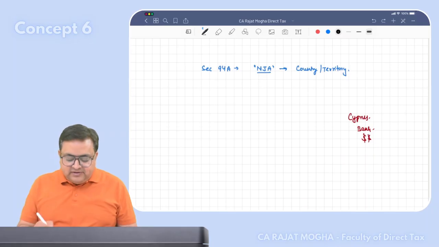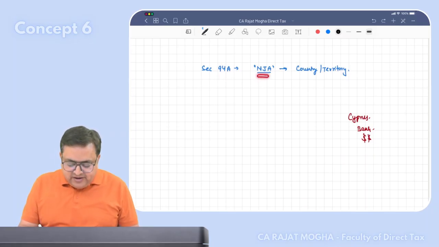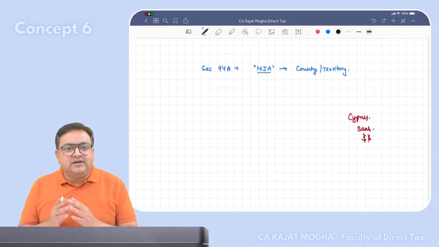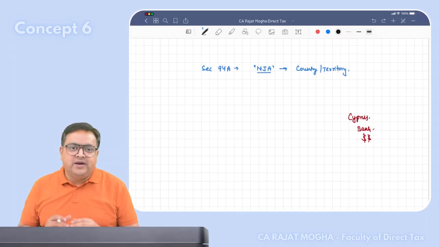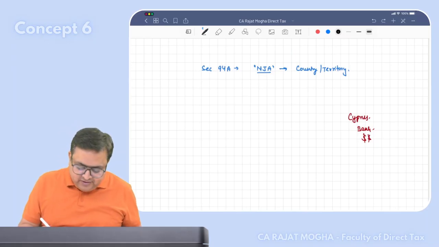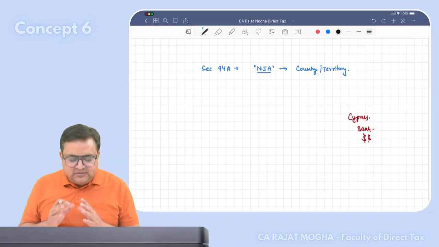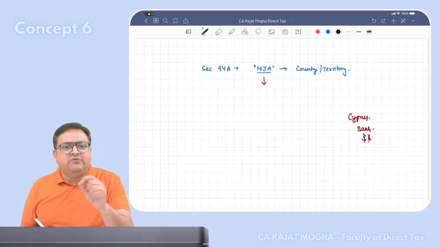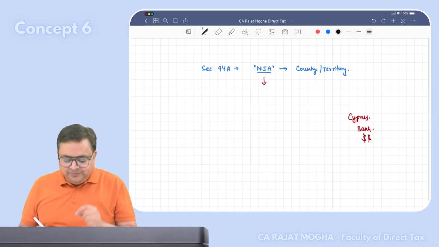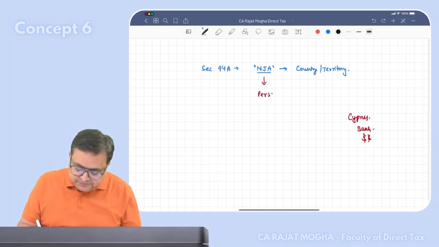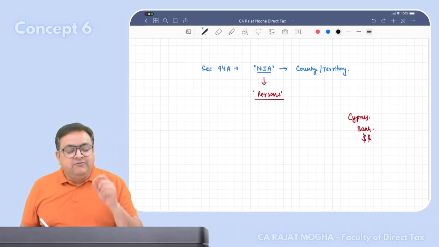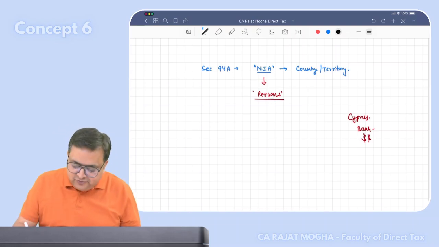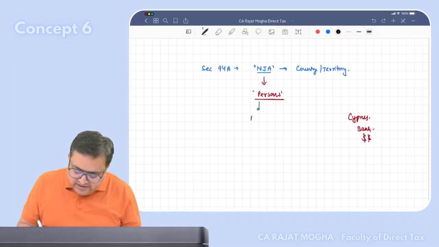So what section 94A says is that whenever you transact with any person who is located in an NJ, whenever the taxpayer, the assessee, does any type of transaction with a person who is located in an NJ, we will treat them as your associated enterprises.